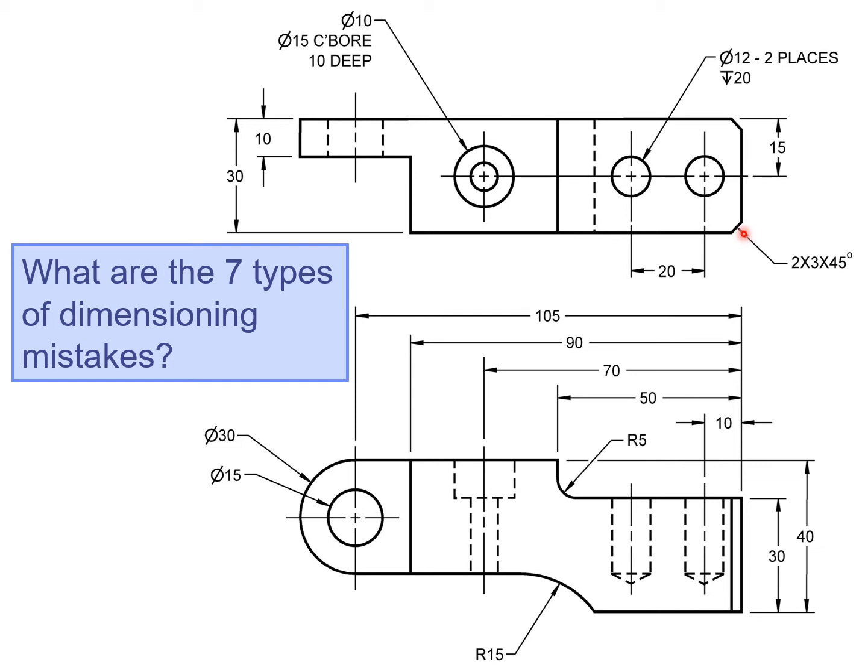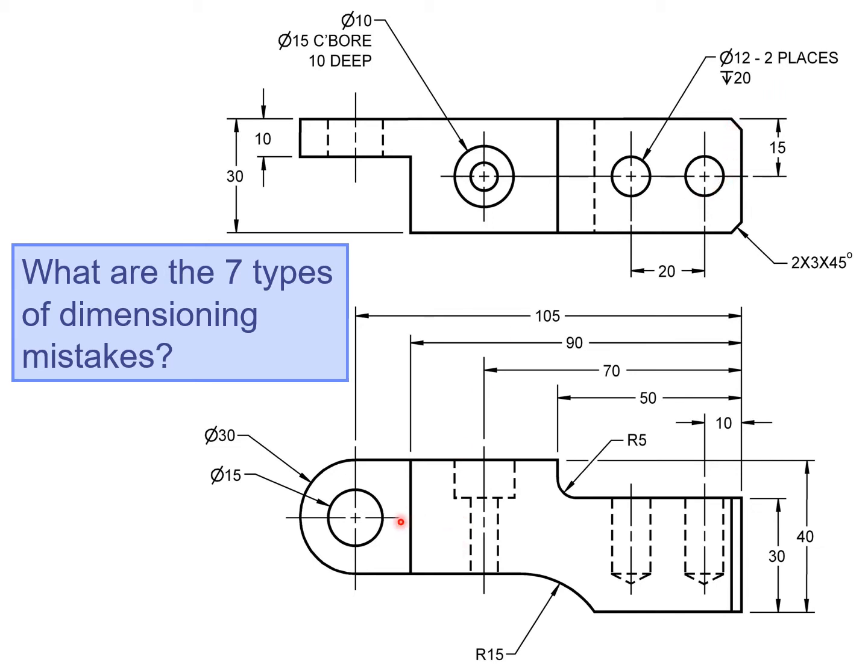From an imaginary intersection point to this point, it's 3 units with an angle of 45 degrees. Again, the 2x tells us there are 2 chamfers. Another thing is we want the text to be floating upward and the arrowhead pointing downward. Even though this is correct placement, it still looks better if it's floating and pointing downward.